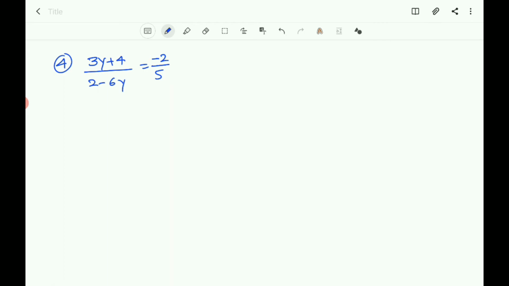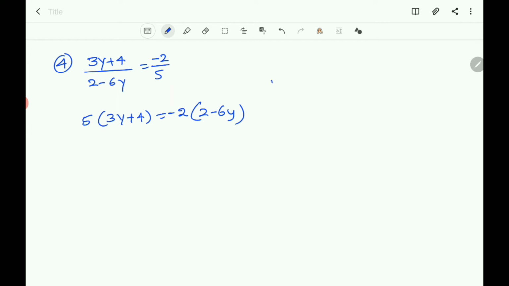And here we have to cancel 2 minus 6y in the LHS and 5 in the RHS. So you multiply both LHS and RHS by 5 into 2 minus 6y. Then it becomes 5 into 3y plus 4 is equal to minus 2 into 2 minus 6y.